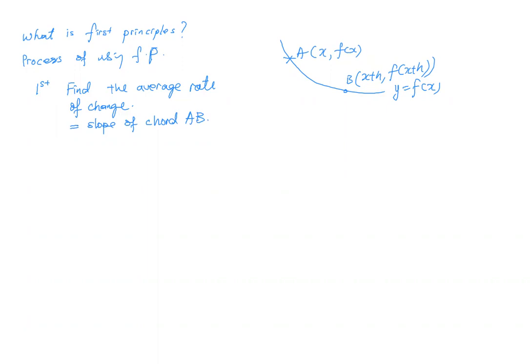So you find the average rate of change. Then we use the sense of limit. Limit means we get B moving nearer to A. So we are getting a better and better approximation. So with the limit, we become the instantaneous rate of change.